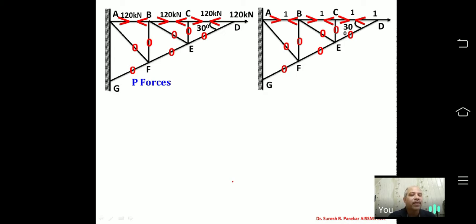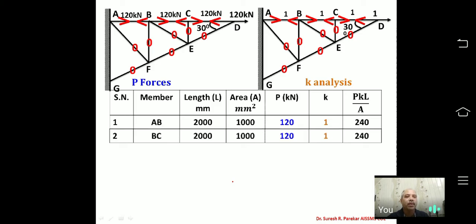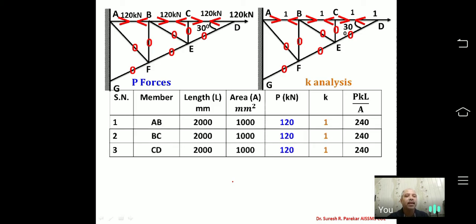Now the members where P is 0 and K is 0 need not be included in the table, and we can include only three members in the table and find the horizontal displacement. We have member AB with 1 and 120, so in all members the forces are the same, and their length and area are also the same. So all PKL values are the same, and the total is 720.